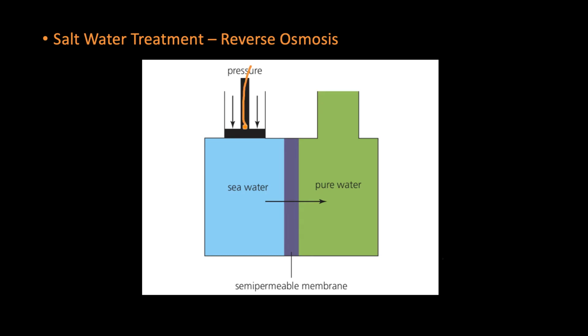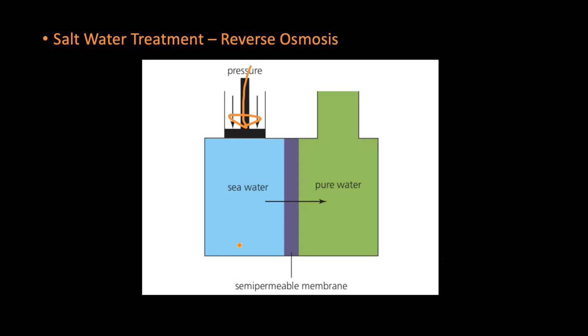The way you apply energy is via this piston, which applies a massive pressure that pushes water molecules across a membrane, but the salts can't go across the membrane, so they stay where they are. The water is pushed through the membrane into the pure water, and it's collected out the other side. That is the opposite of osmosis, and obviously it requires energy, whereas actual osmosis does not.